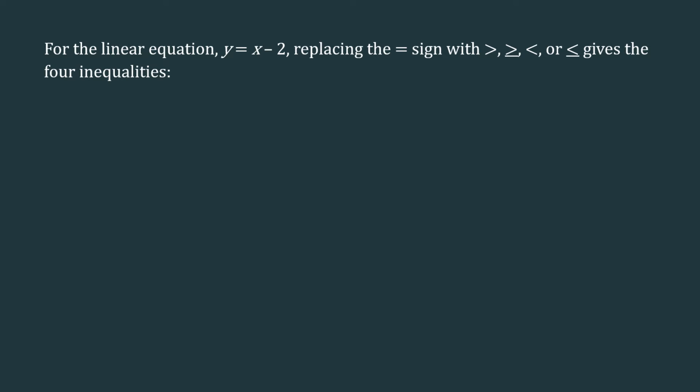Now suppose I am trying to find the inequalities, replacing this equation y equal to x minus 2 by greater than, greater than or equal to, less than, or less than or equal to. Then the equation becomes these four: greater than, greater than or equal to, less than, less than or equal to.